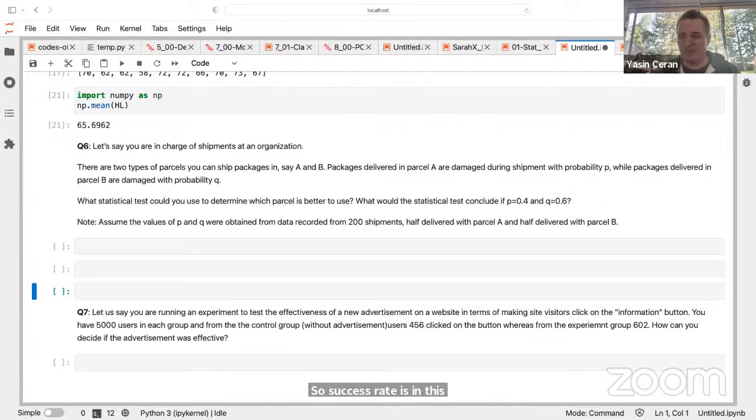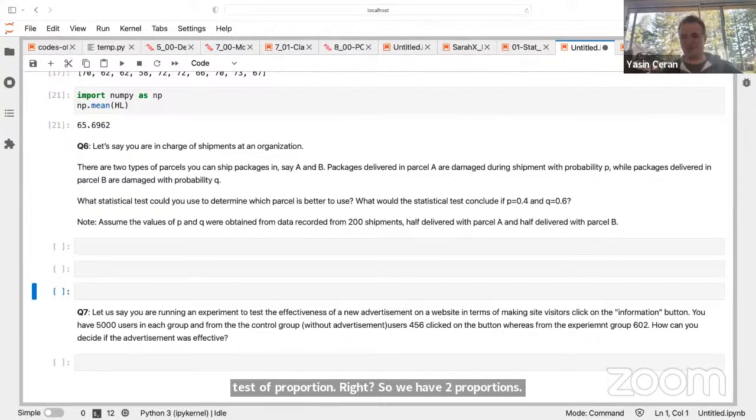In this case, the event is the package being damaged. So we are going to compare the ratios of these two parcels. In that case, it is good to use a two sample test of proportions, because we have two samples of proportions.